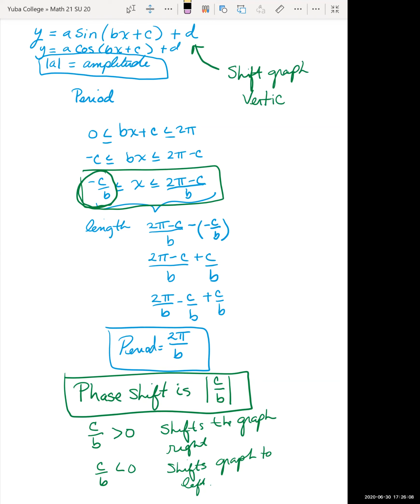Wait, which part was how much you shift horizontally? I missed that part. It's c over b. So whatever constant we're adding to the coefficient of x, take that and divide by b with the opposite sign.